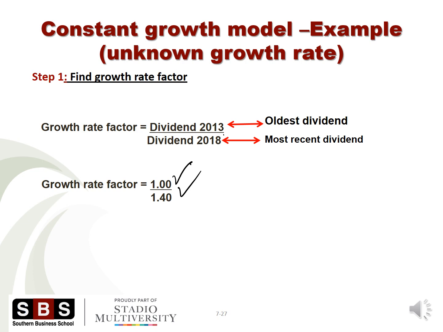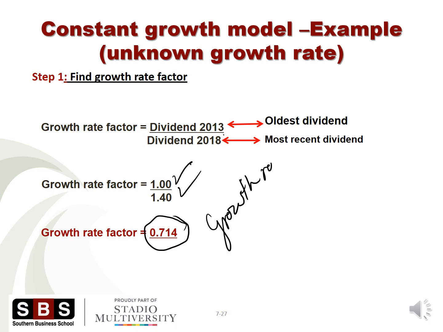So dividing 1 Rand by 1 Rand 40, we get a growth rate factor of 0.714. This is an important value because we are going to use this value in order to find the actual growth rate. Because the actual growth rate that we are looking for is a percentage value. And this is not a percentage value.